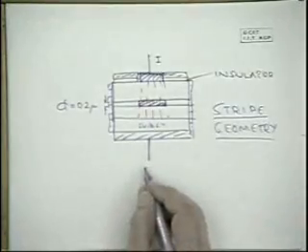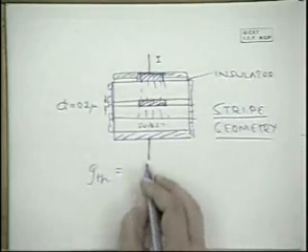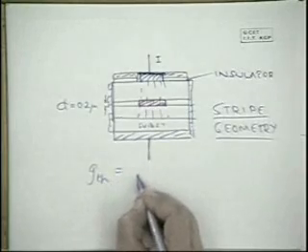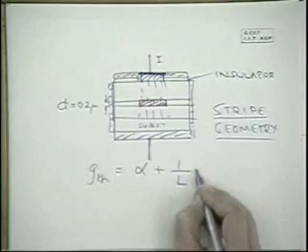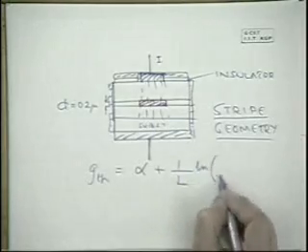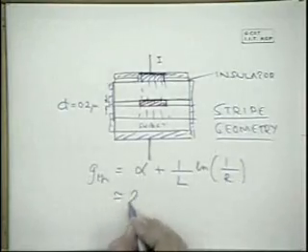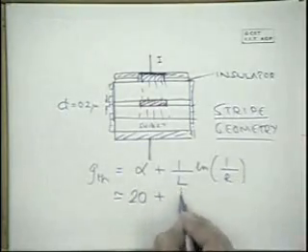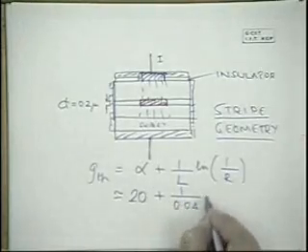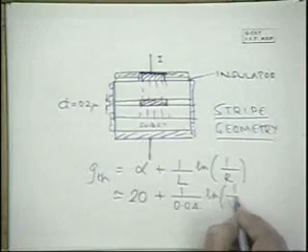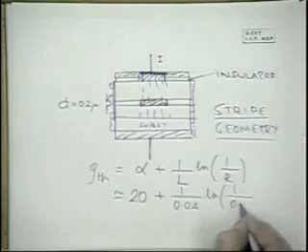Now to go back to our calculation, G threshold was alpha plus 1 by L log 1 by R. Alpha we can say is roughly about 20 centimeter inverse, 1 by L with L of 400 microns gives 25 centimeter inverse, and say R is 0.3, so log 1 by R is about 1.2.